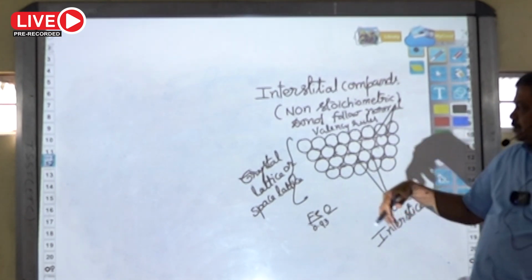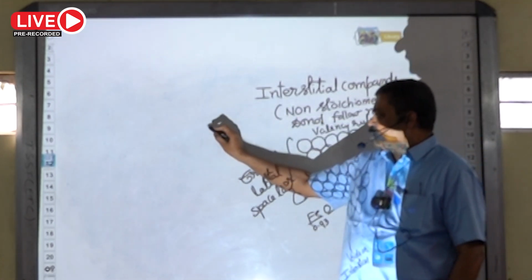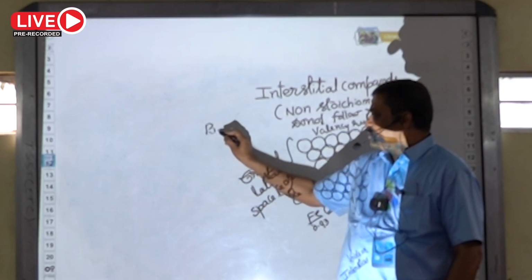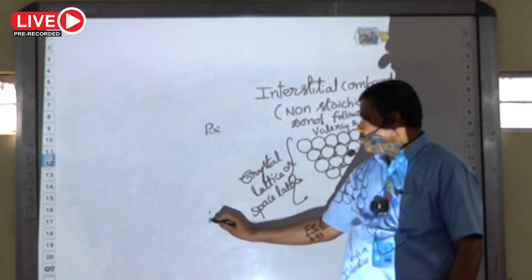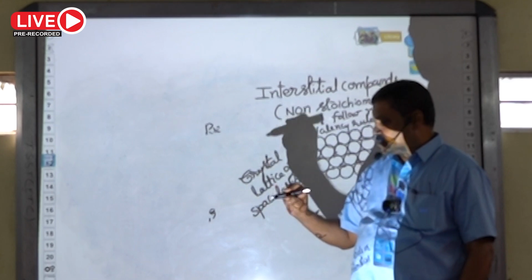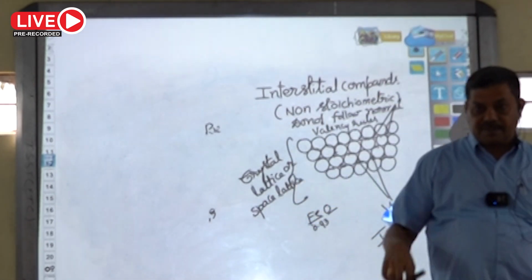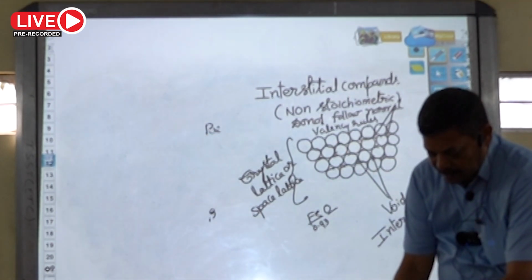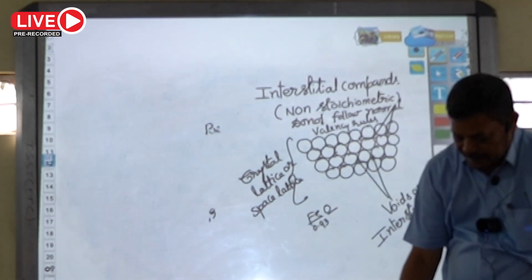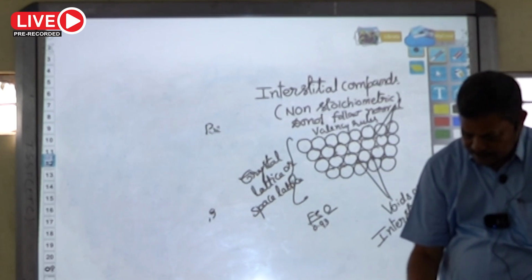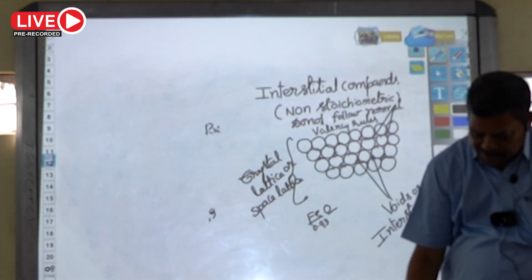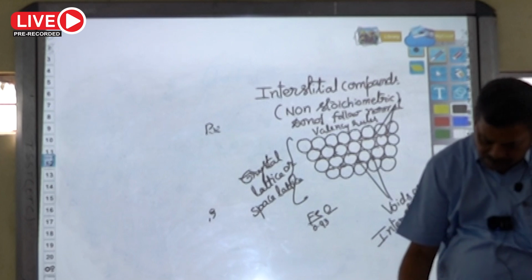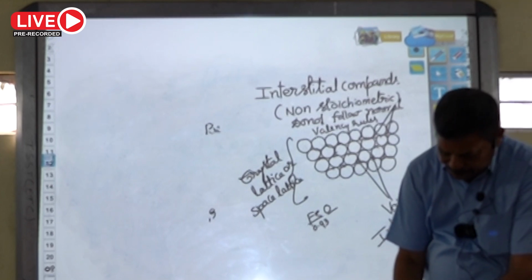For example, take the second group, beryllium carbide. What is the formula of beryllium carbide?